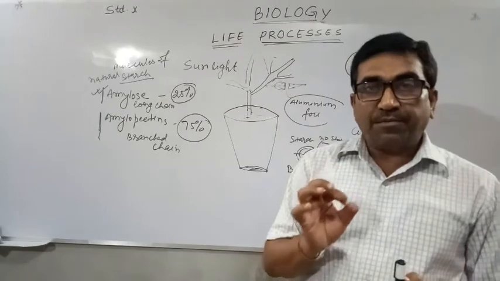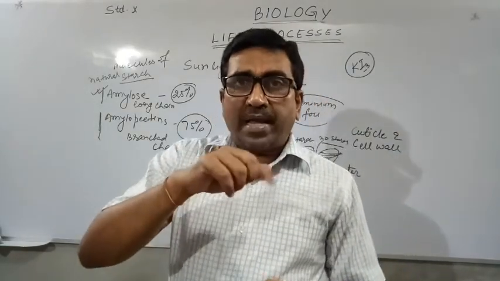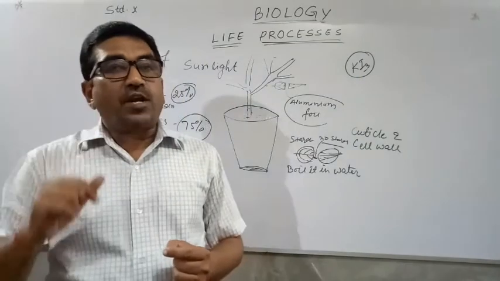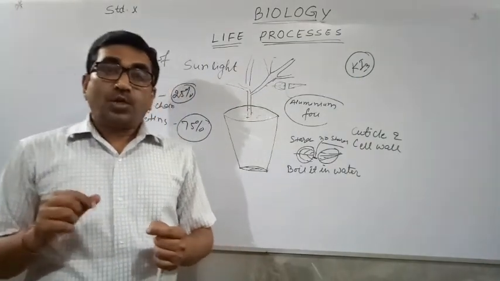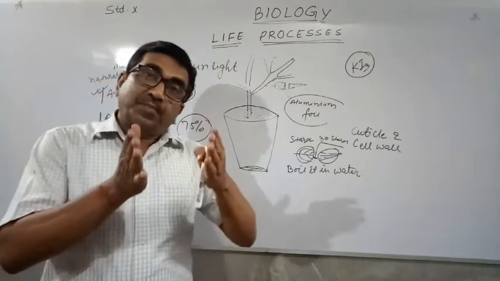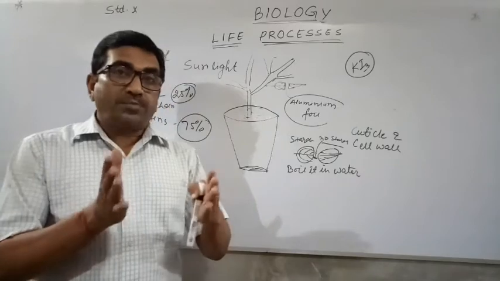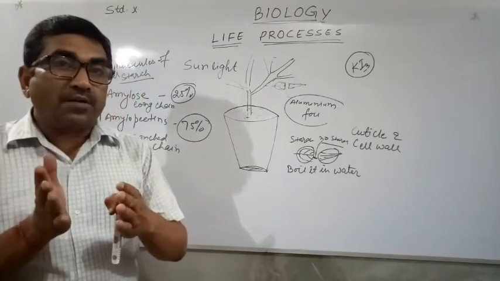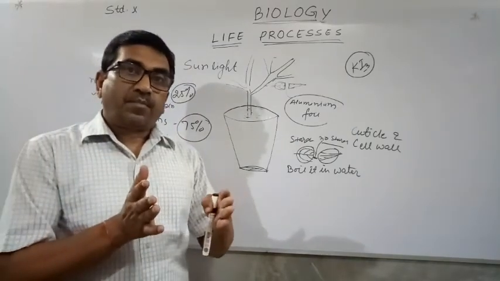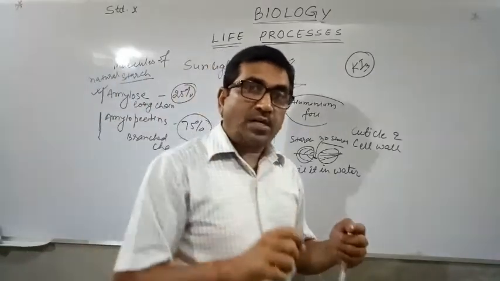Now we pluck the leaf. Before boiling it, we wash it and make a sketch drawing of it, so that it can remind us which parts were green and which parts were not green. And then we boil it in water.